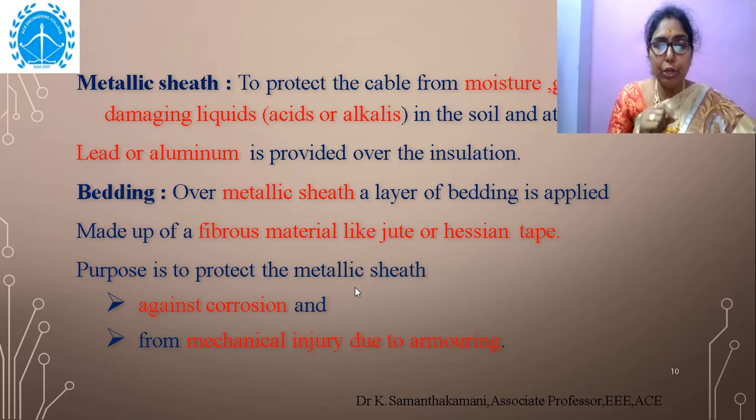The main intention of the bedding is to protect the cable against corrosion. Where the cable is exposed to the atmosphere, there is a chance of corrosion, so bedding is done to protect against it. It also protects the sheath from mechanical injuries due to the armoring, which is one more layer kept over it.